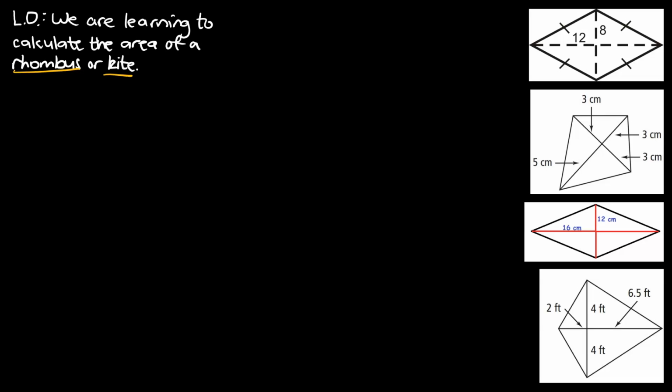So as you can see from the shapes on the right, all of these kind of look a bit like diamonds. But there is a subtle difference between the two. So a kite and a rhombus, they both go in like that, and then they both go out like that. So this one that I've just drawn, what you can see is this half is a lot longer than that half of the shape.